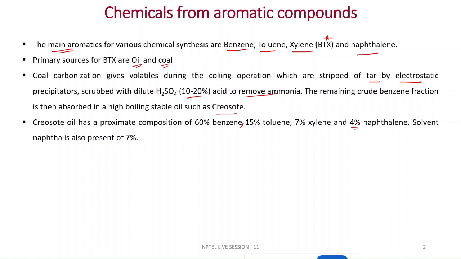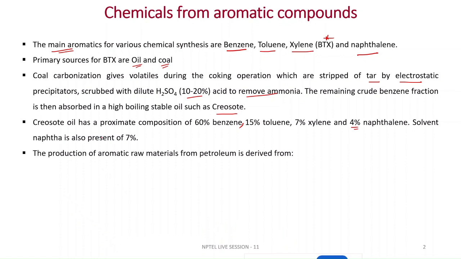So you can see that coal is the primary source, and by coal carbonization, whatever product we are getting, first the tar is separated, then it is washed with sulfuric acid, and then the remaining benzene fraction is categorized by proximate analysis. This has BTX and naphthalene as well.